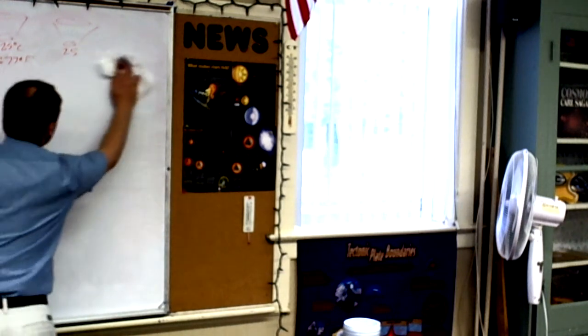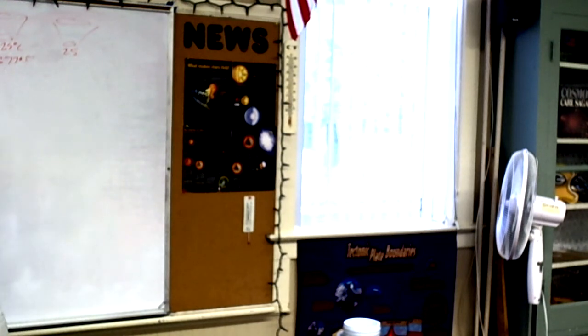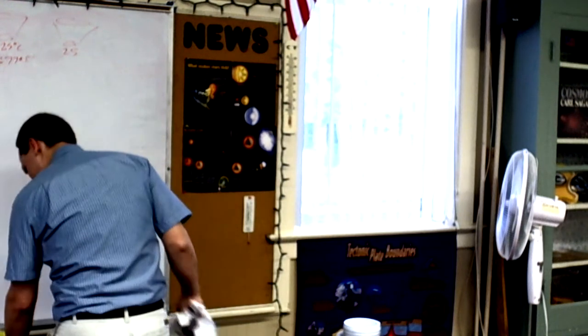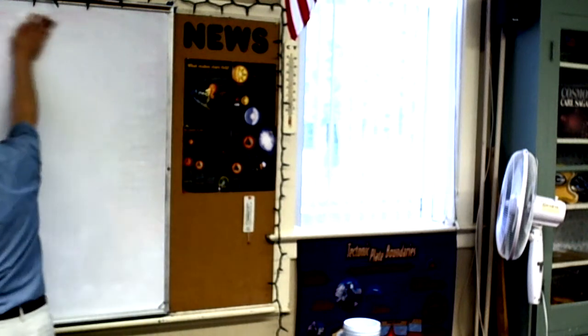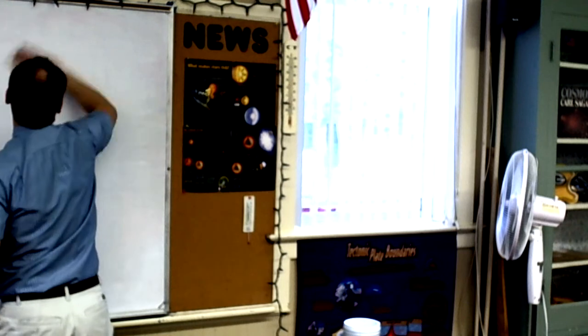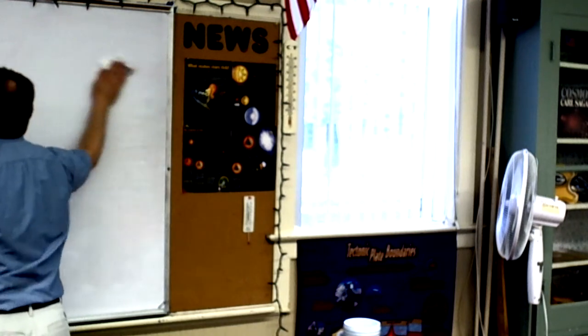This right here is ice. This right here is gas. According to this, we need to be at 100 degrees, and not only that, we need 100 degrees plus a bunch of heat in order to get to gas. Agreed?